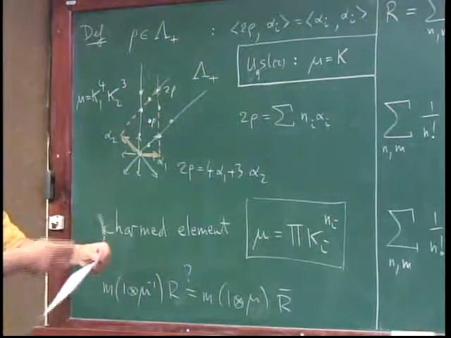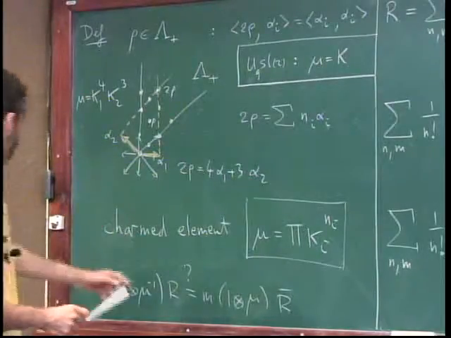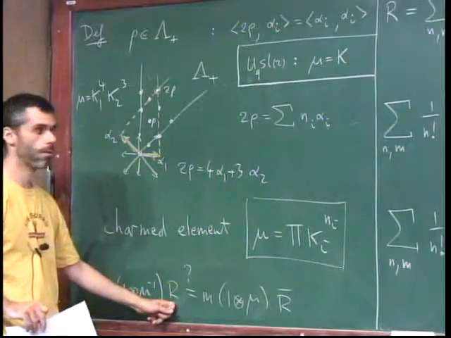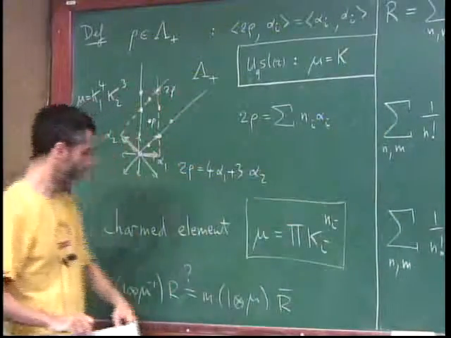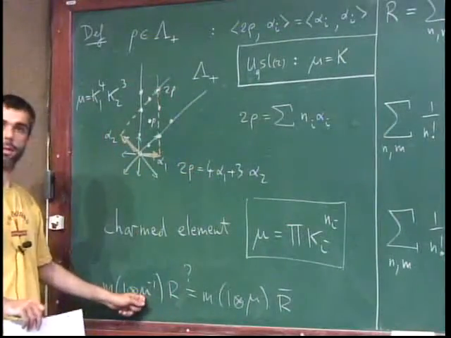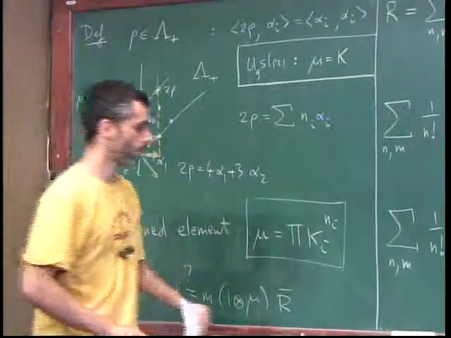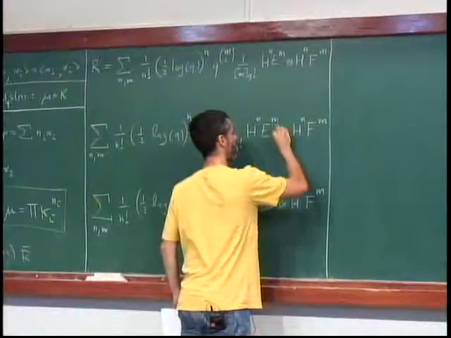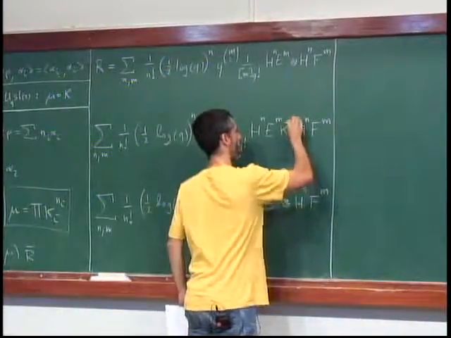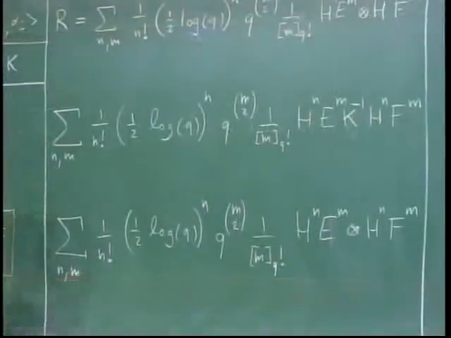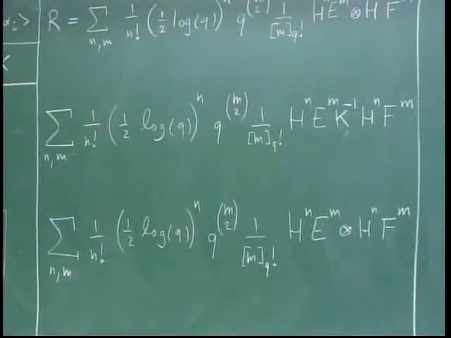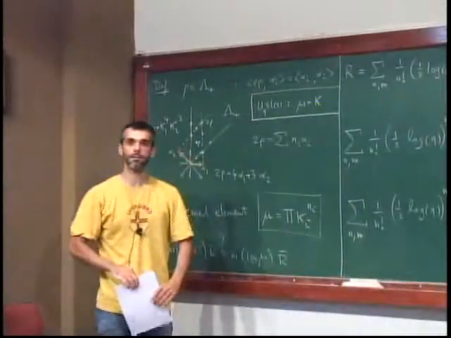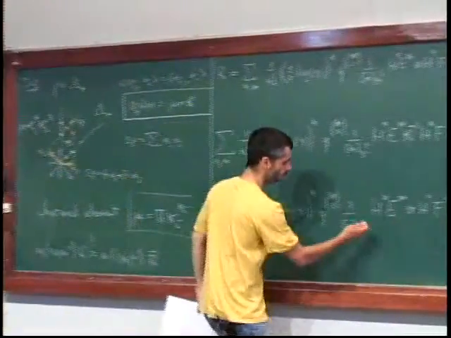Okay, so what do we need to check? This equation here, so we take R, which I redraw here, and we put a mu inverse in the middle and then multiply. So what this means is that we remove this tensor product symbol and put K inverse. That's the left-hand side. What's the right-hand side? On the right-hand side, first we need to take R bar instead of R. So that's also easy.